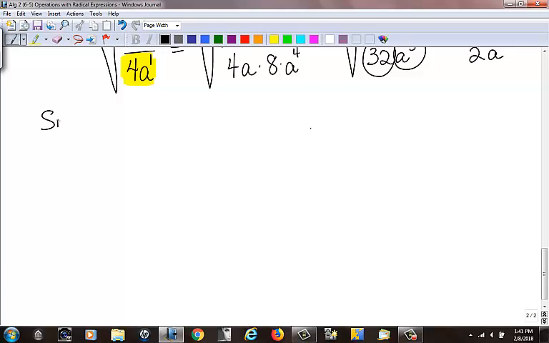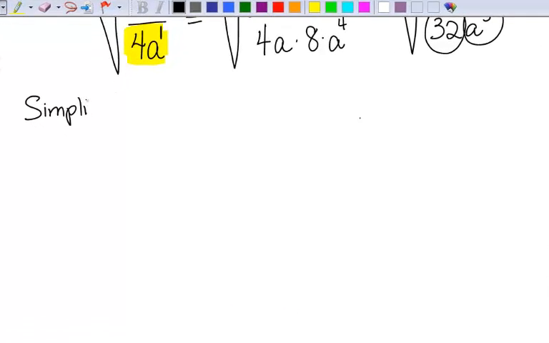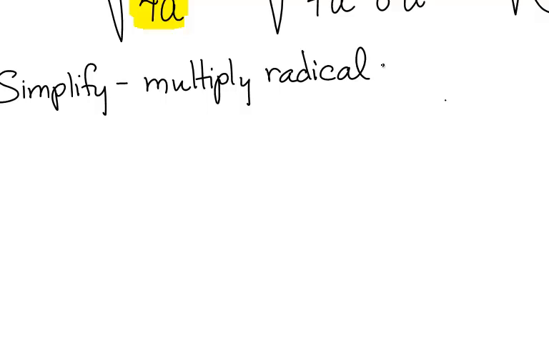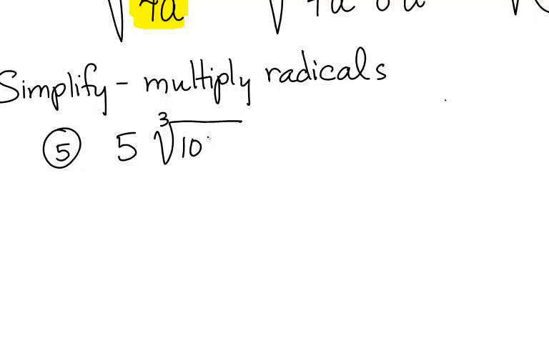Okay, they will ask you to simplify and multiply. So we're going to use that product. So if they have 5 and the cube root of 100, a squared, times the cube root of 10a.